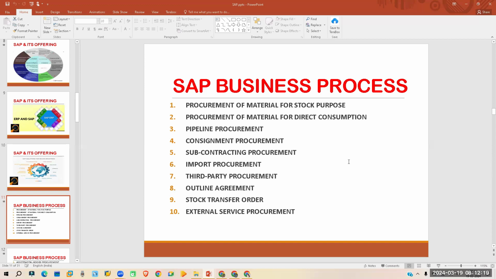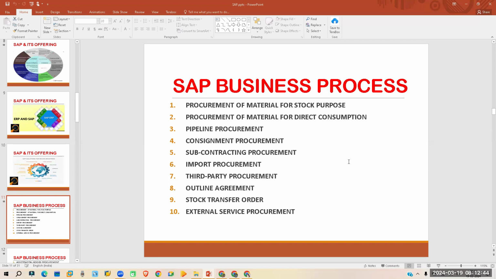Import procurement or any kind of global trade, whatever things we are importing from other countries, is managed by the SAP GTS system. So import procurement is not there in the S4 HANA system, but basically it deals with things manufactured outside of the country.